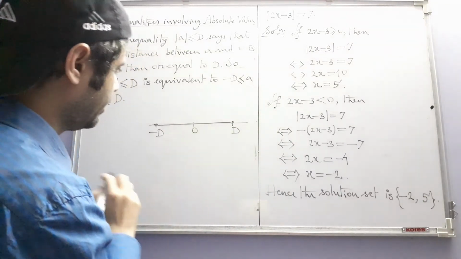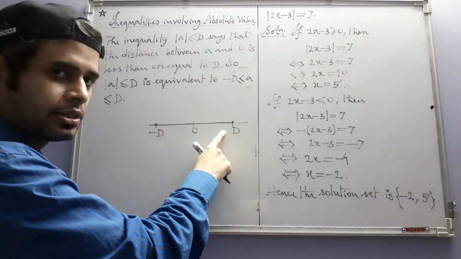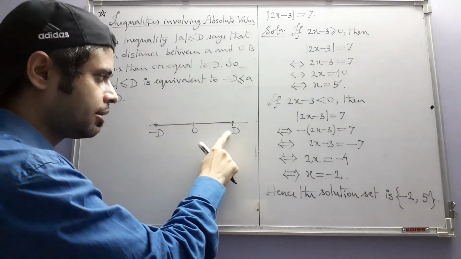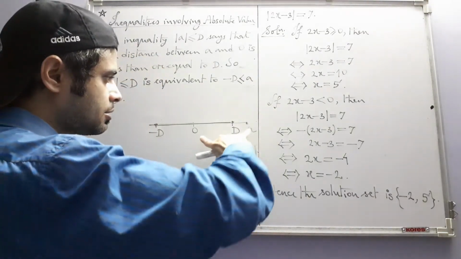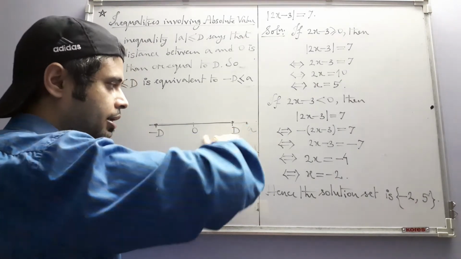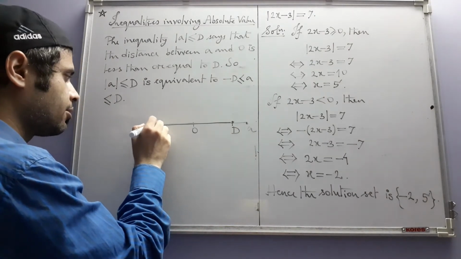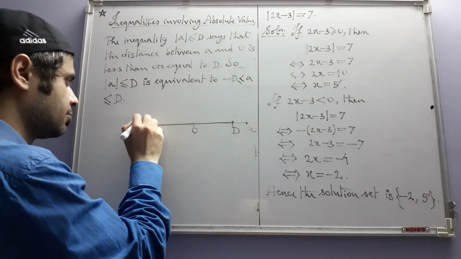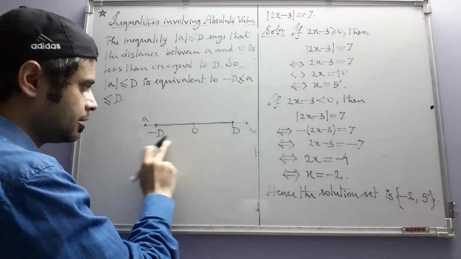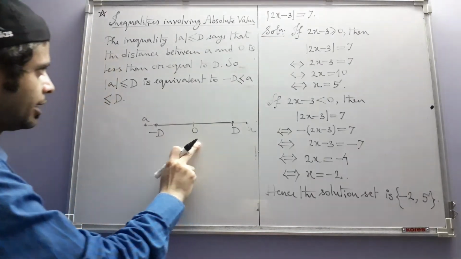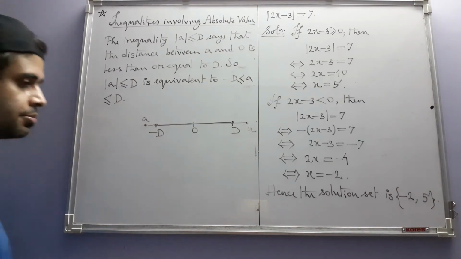A can be D, A can be minus D, or A can be greater than minus D and less than D. A cannot be here, for example, because here the distance between 0 and A is greater than D. For the same reason, A cannot lie to the left of minus D, because here also the distance between A and 0 is greater than this length, which is D. So that's why this inequality is equivalent to these inequalities.